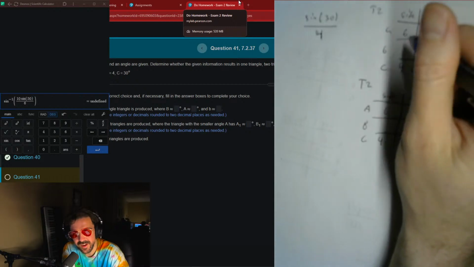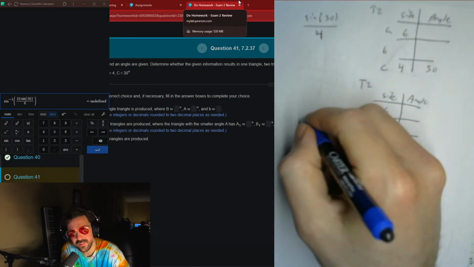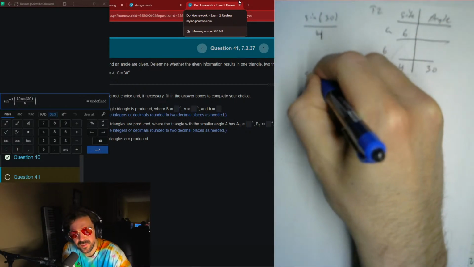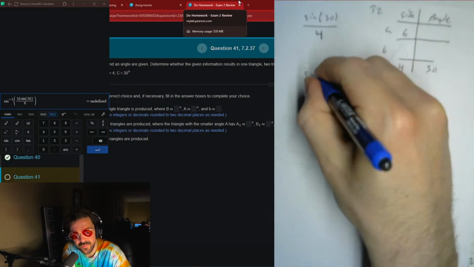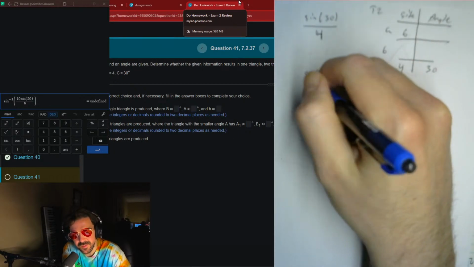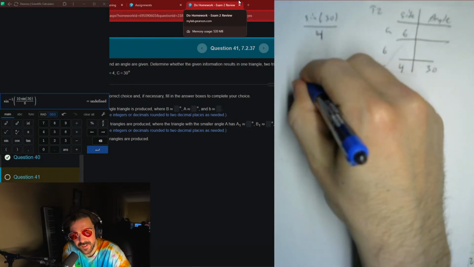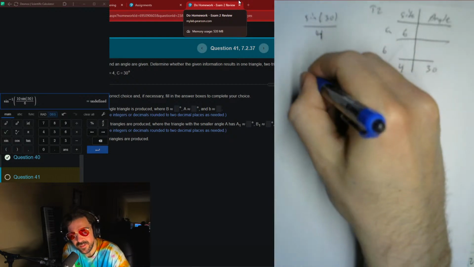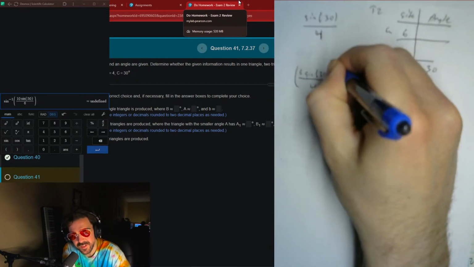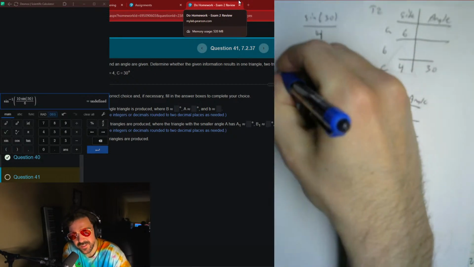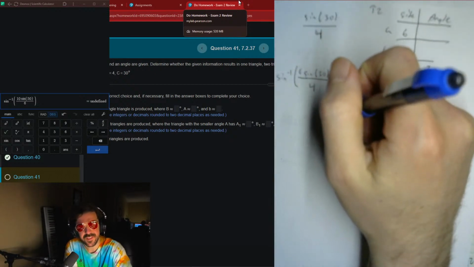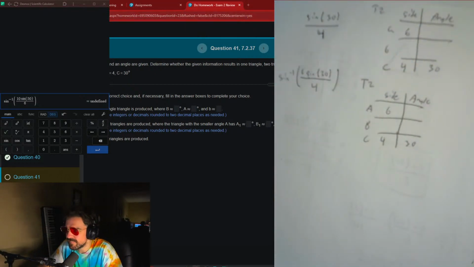So first thing is find the angle for A, right? It's basically the same formula we just did. We put the 6 here, we put it in the inverse sine. I'm kind of skipping through it, but essentially that's what we got.